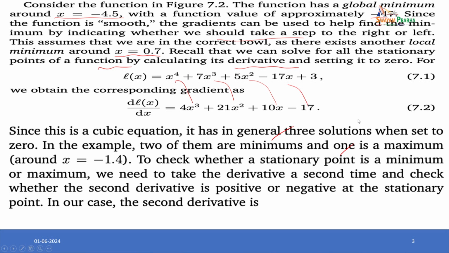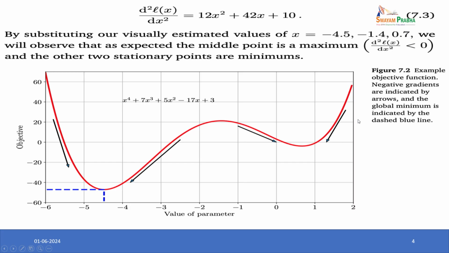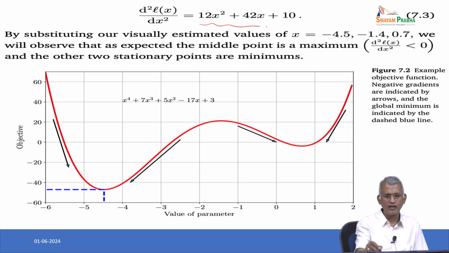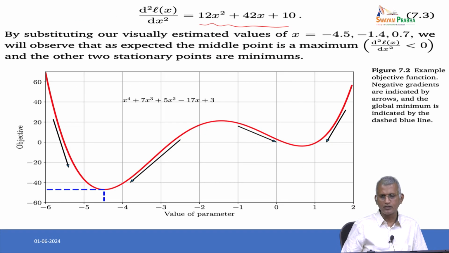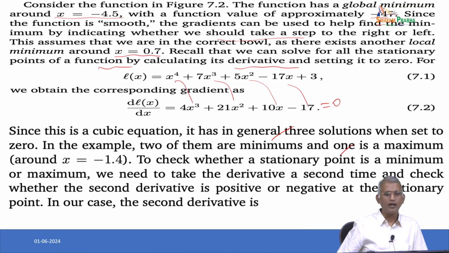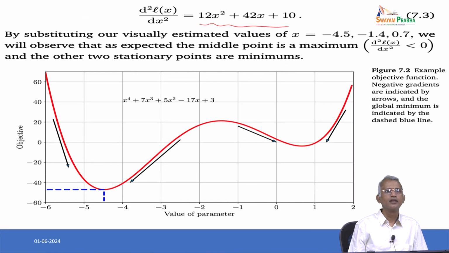In our case the second derivative, d square L of x by dx square, is equal to 12x square plus 42x plus 10. After substituting the values of x equal to minus 4.5, minus 1.4 and 0.7, the 3 values will come. Based on these 3 values, we substitute in 7.3, and if the second derivative is negative, the function is maximum and the other 2 stationary points are minimum.